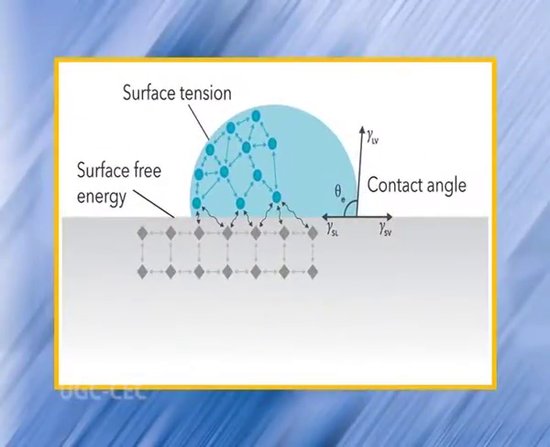Surface tension can be measured using the angle between a horizontal surface and the tangent to the surface where a liquid droplet meets the horizontal surface, called the contact angle.